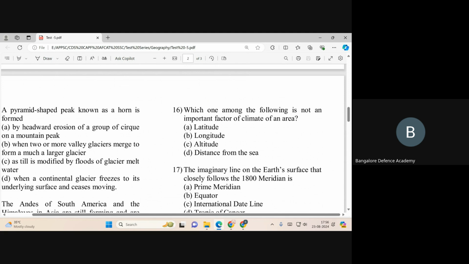So the first question is question number 16. Everyone read the question. I will ask some people, and they should give only the answer. Everyone read the question?